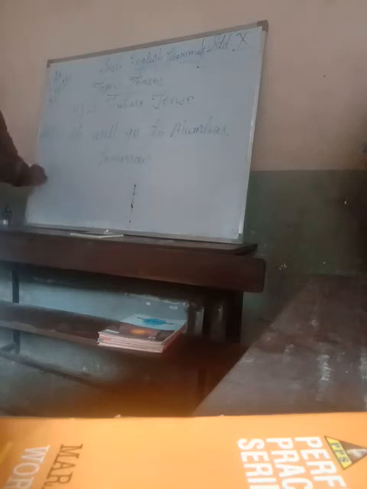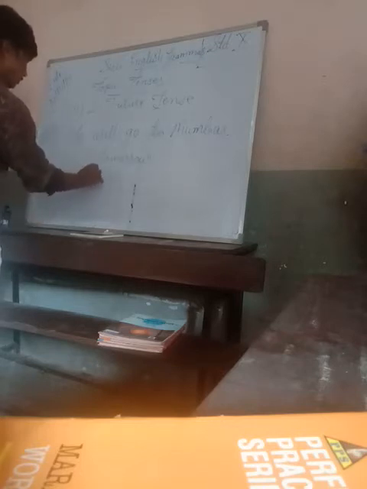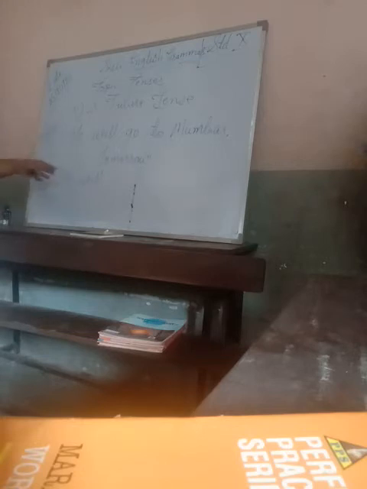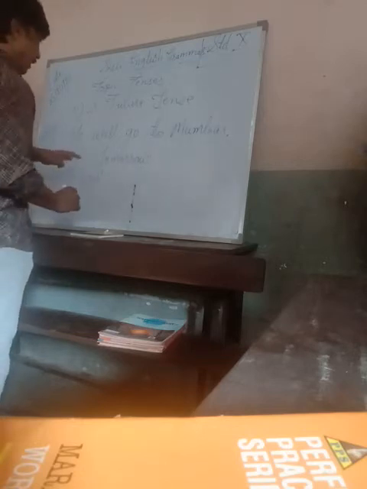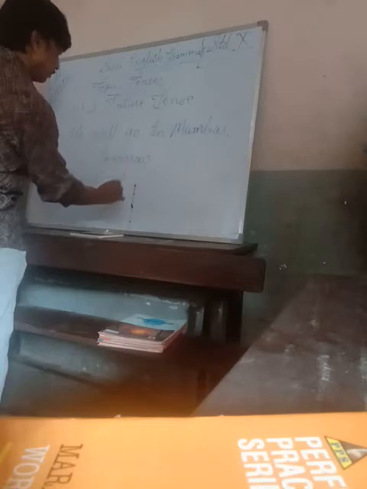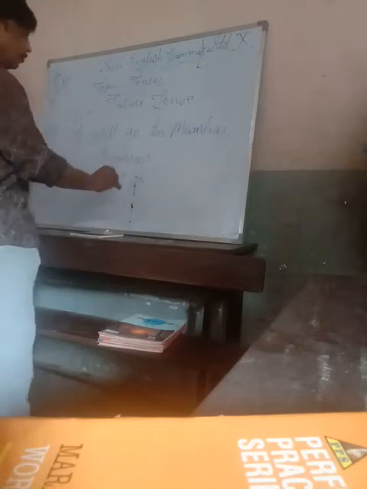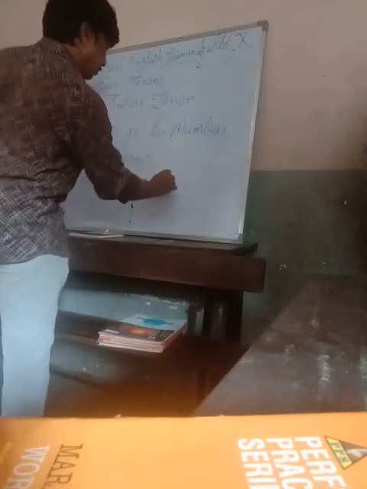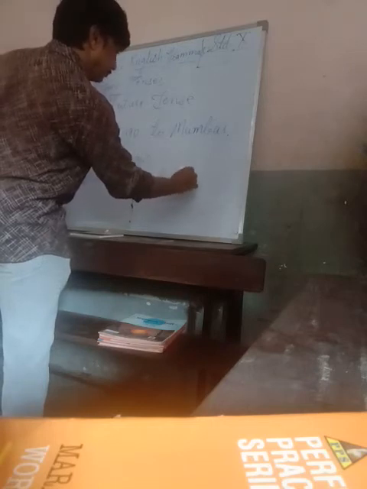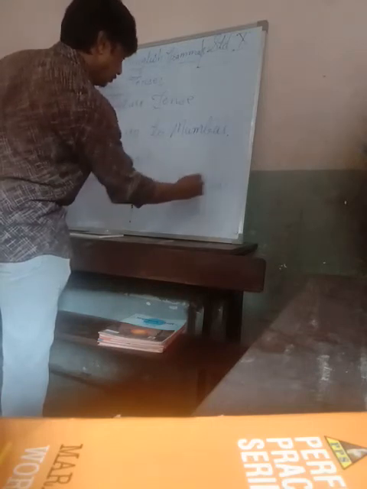So we have to change it to negative. He will, because not always is placed after the helping verb. And what is the helping verb? This is the helping verb, will. It is the symbolic verb of future tense. So: he will not go to Mumbai tomorrow.